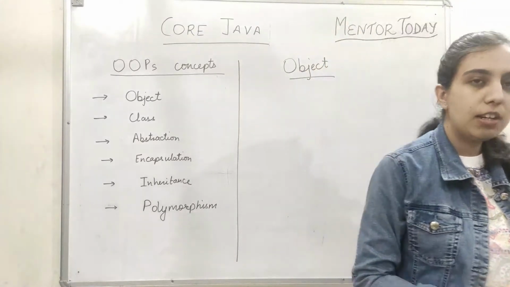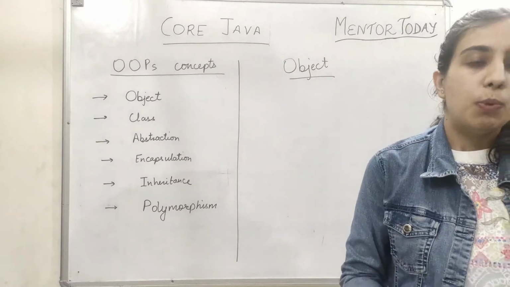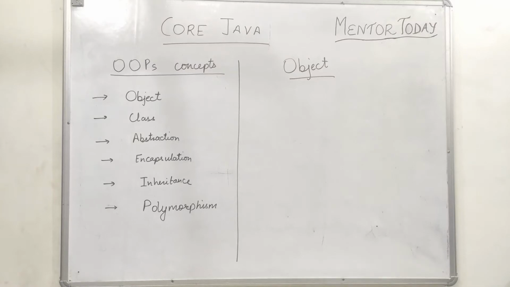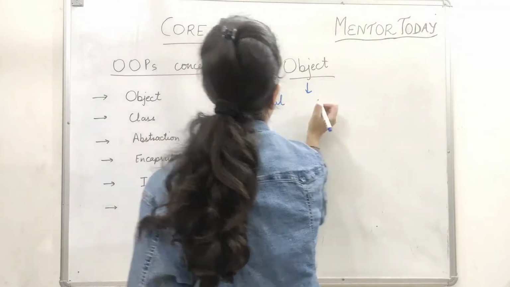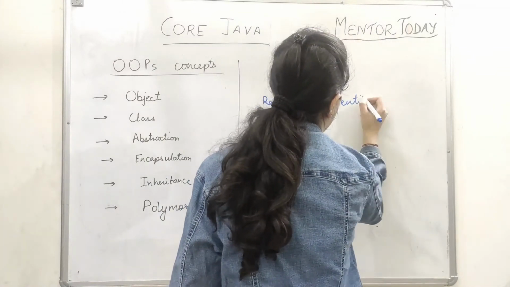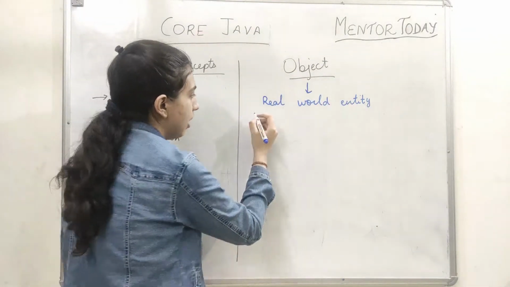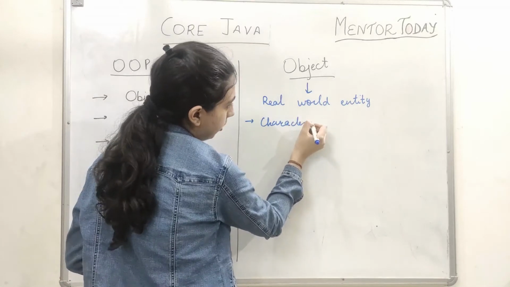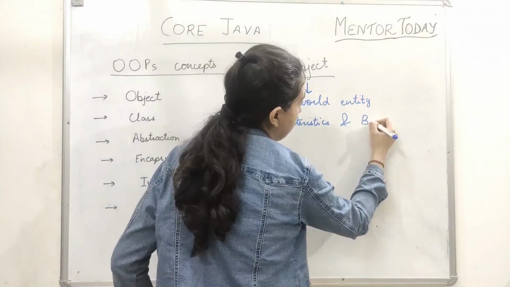Now, what is the meaning of an object? Object is a real world entity. Now, what does that mean? A real world entity has some characteristics and behavior.